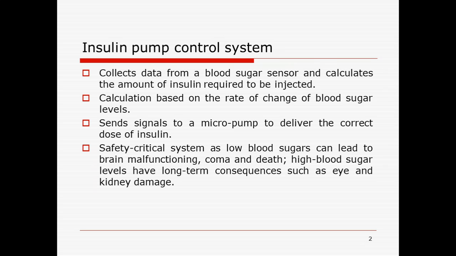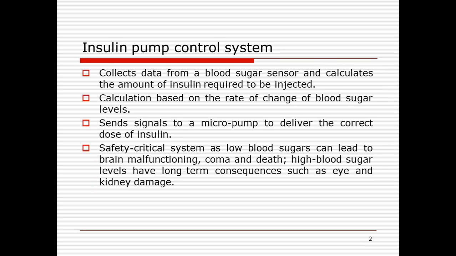But if the insulin level is low, then the blood glucose level will be high, and in the long run the person may suffer from kidney failure, loss of eyesight, etc. So appropriate calculation of the insulin level is very important to maintain the glucose level in the blood. That has to be very accurate.